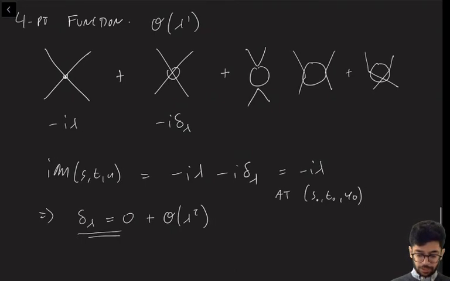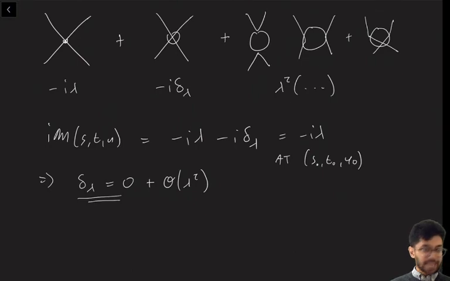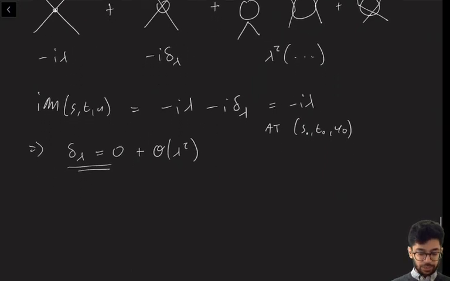So these are diagrams at order lambda squared. We worked out what they were. They were all those logs and so on and so forth. So now what do we get? Let's do the same thing at order lambda squared.